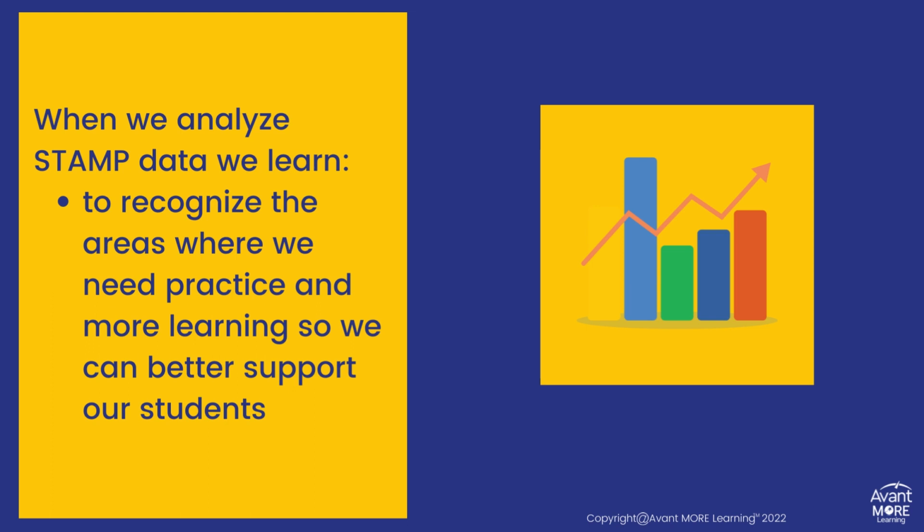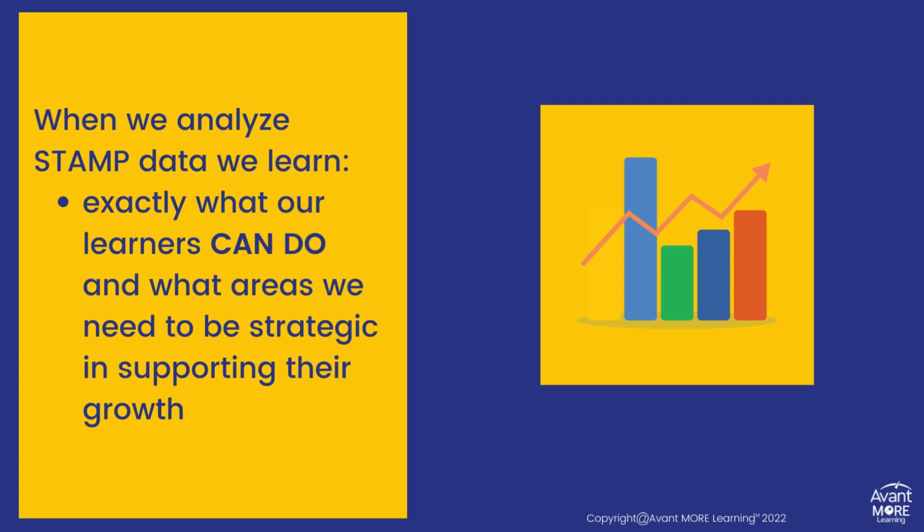So, when we can see where they need more practice, we can build opportunities for them to practice and increase their skill in those areas. When we analyze the STAMP data, we really are able to see exactly what our learners can do, and we can be strategic in how to support their growth.